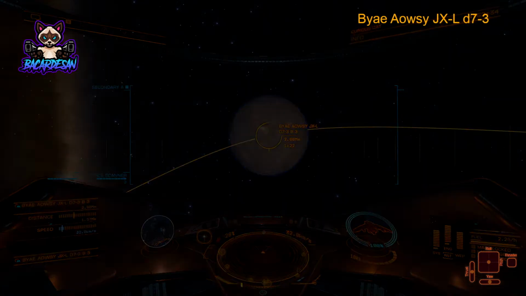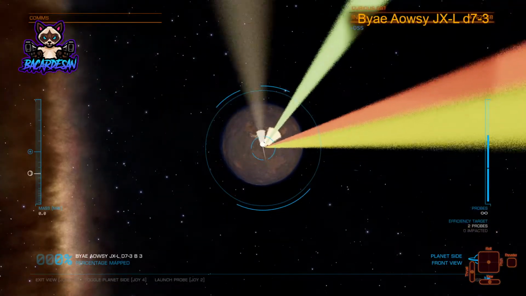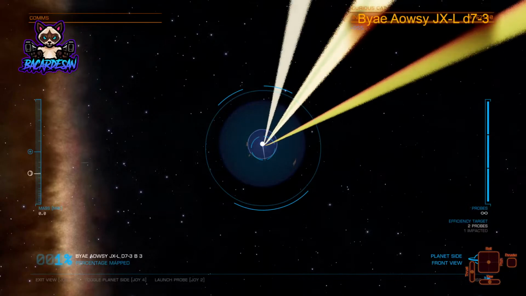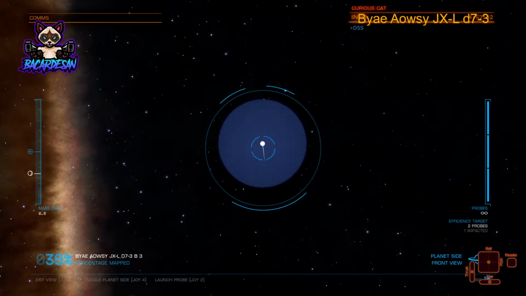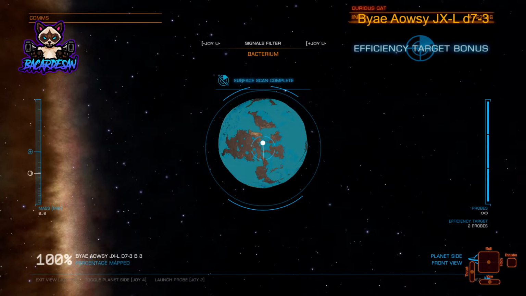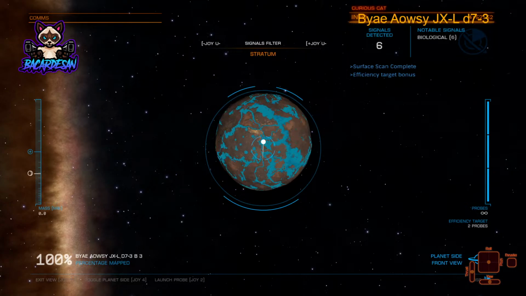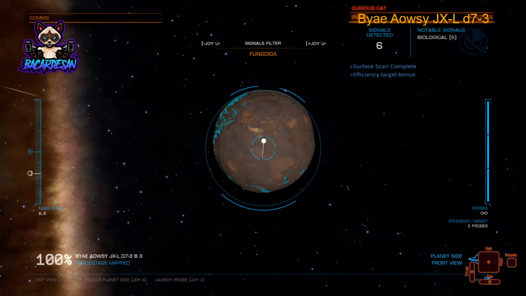Things are tiny. Body B3 may host a new personal codex entry and has high biological value. Stratum and tussock. Stratum and tussock are definitely overlapping.